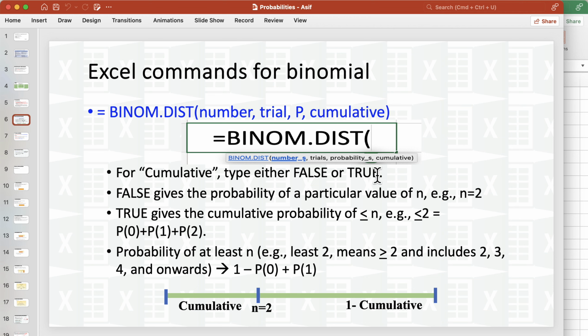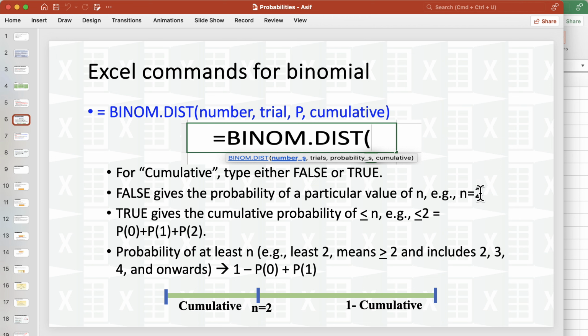Whenever you are going to determine the probability of a specific number, for example, the probability of 6 heads or 6 tails, in that case you will mention false. However, if you want to calculate the probability of 0 plus 1 plus 2 plus 3 plus 4 plus 5 plus 6, that will be cumulative, and for that you will enter true.